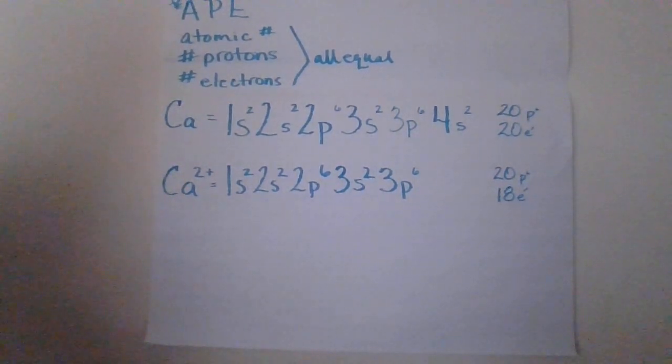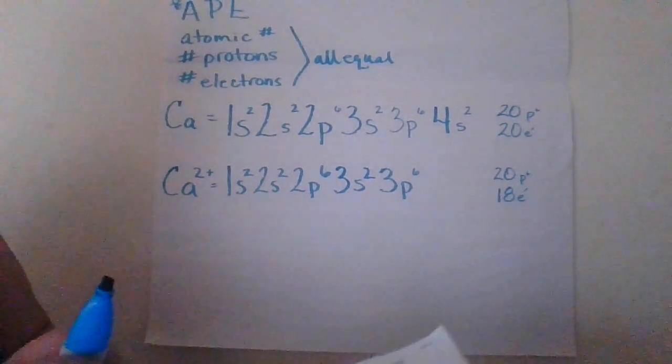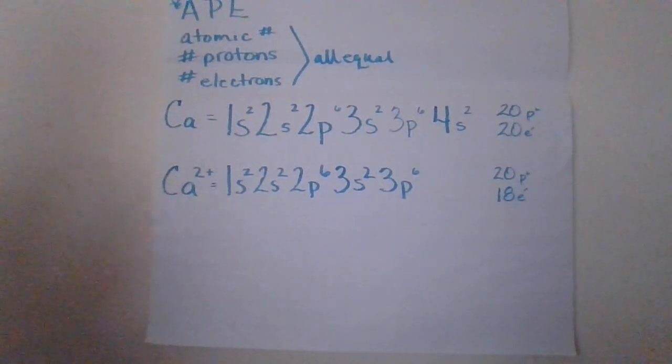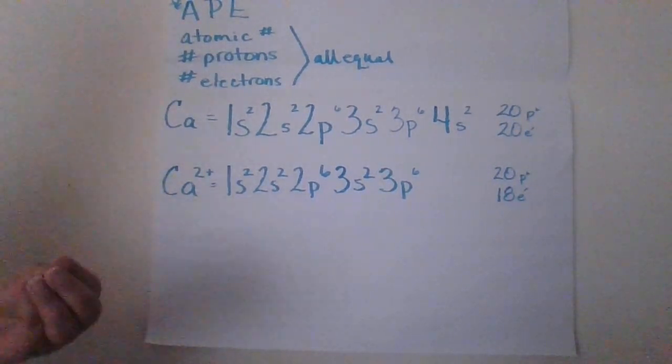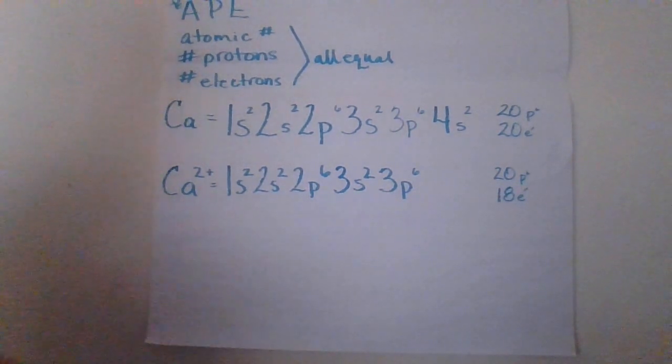So let's take a look at what happens to our elements when they have a normal neutral charge, and then they have moved into being, for instance, an anion. So let's do, I say we do fluorine, okay?